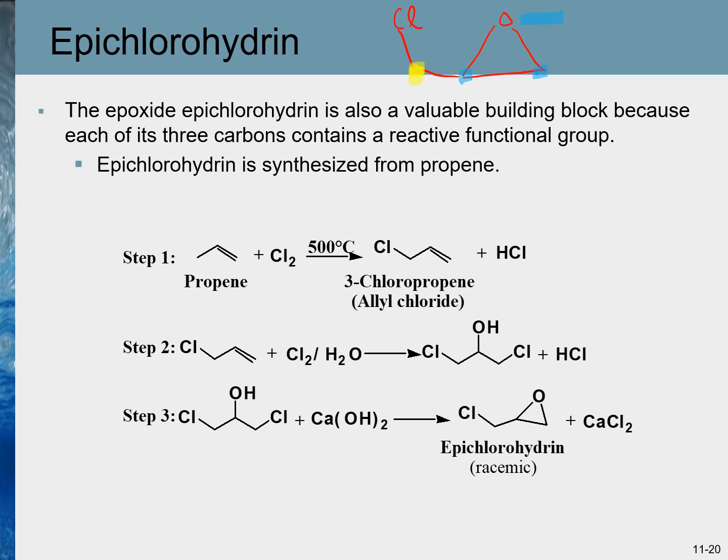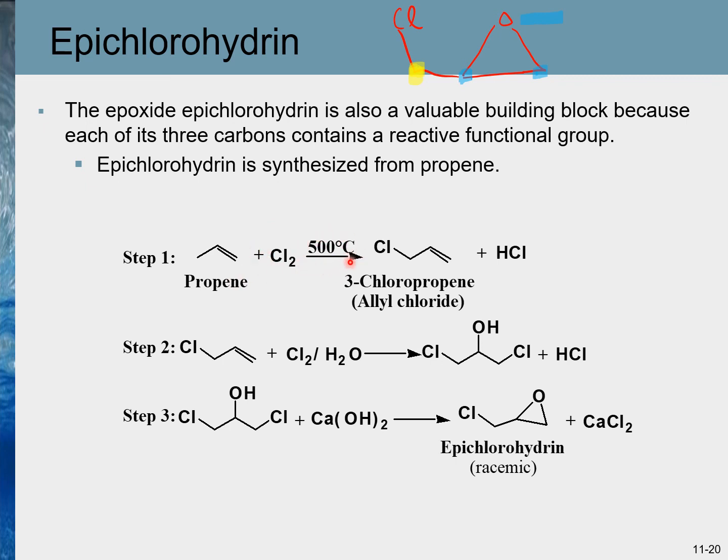Epichlorohydrin is synthesized from propene, and the reaction scheme of synthesis of epichlorohydrin is shown here. The first step is a chlorination of propene.